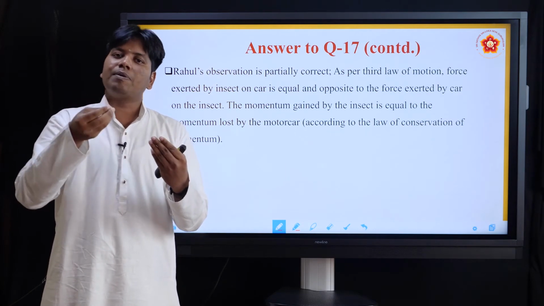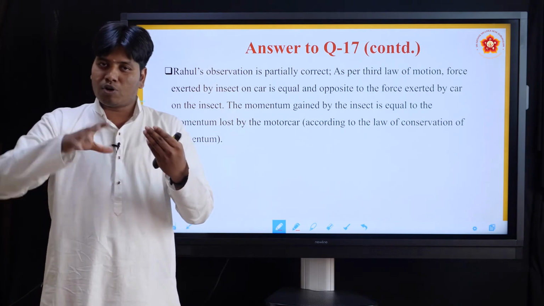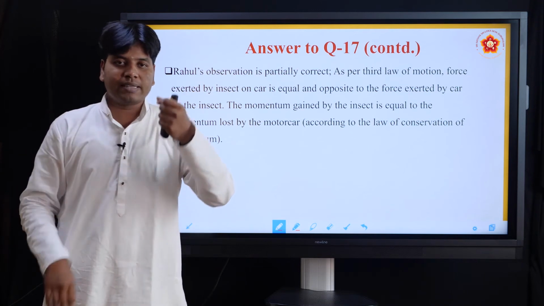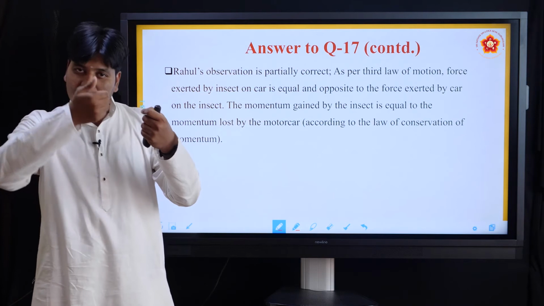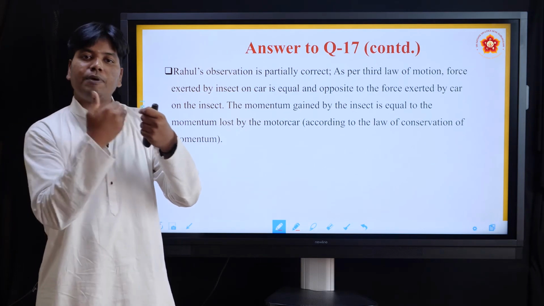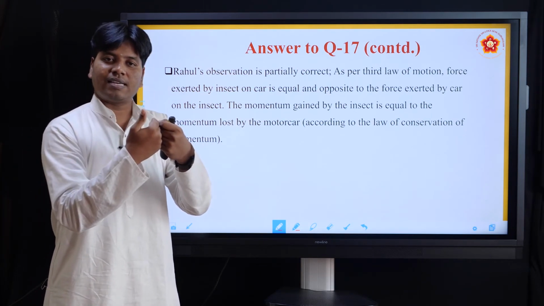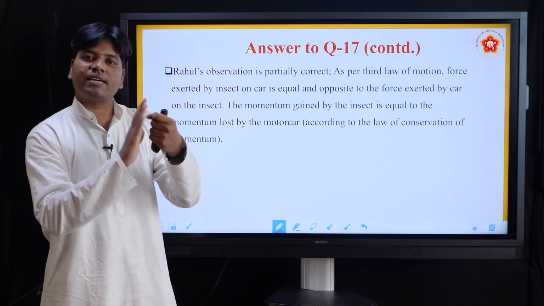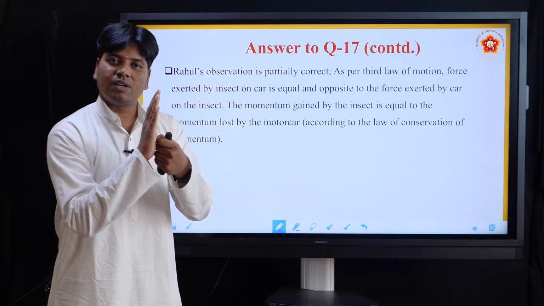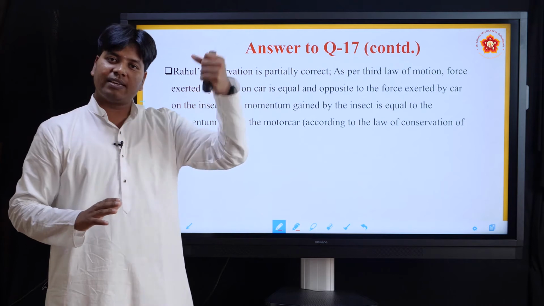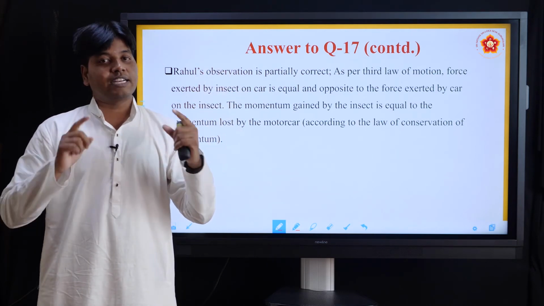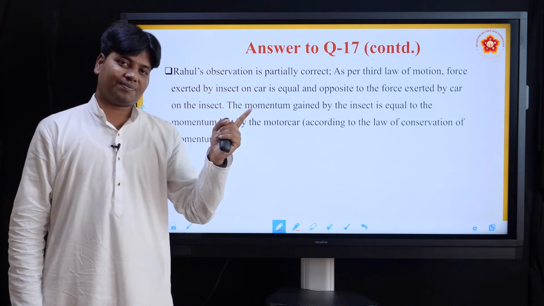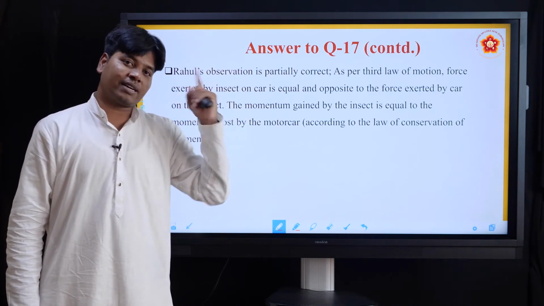That loss may be minimal for this car because of its huge mass. But this insect has less mass, so the velocity which the motor vehicle lost may be huge for this insect. So it experiences the greater change in momentum. The change in momentum is greater here, and lesser for the motor car. That is what Kiran suggested. Kiran's suggestion was correct.